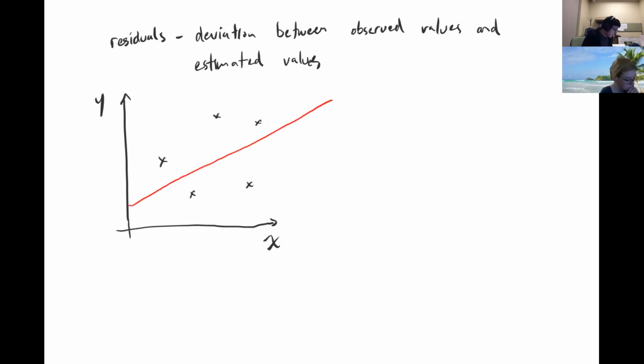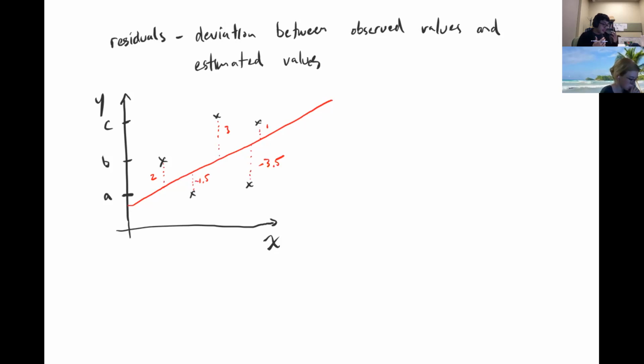So let's say these are at points A, B, and C, and the distances between them are 2, 1.5, 3, and 1. So this is negative 1.5 and this is negative 3.5.